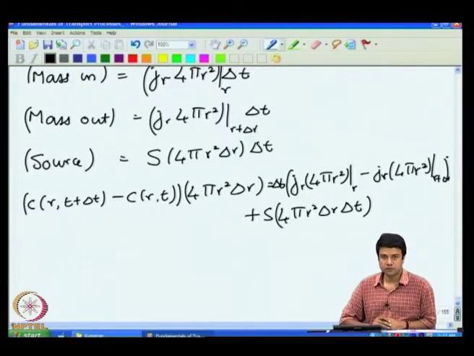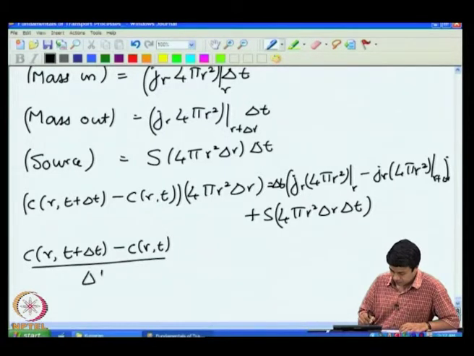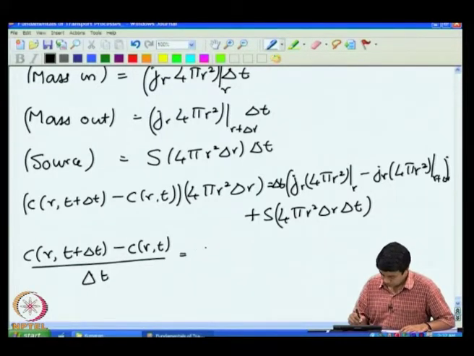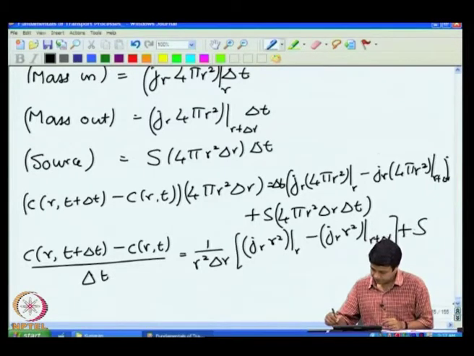We divide throughout by 4 pi r square delta r delta t, in order to get C at r, t plus delta t minus C at r, t divided by delta t, is equal to 1 by r square delta r into J r times r square at r minus J r times r square at r plus delta r, plus any source that is present.